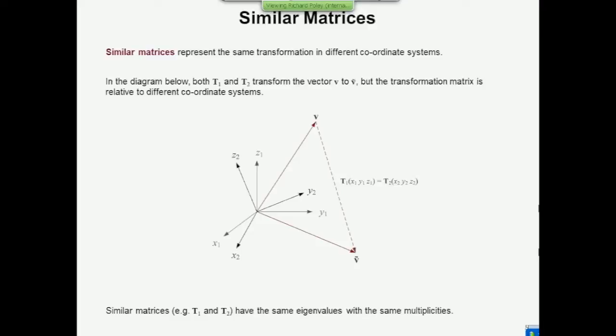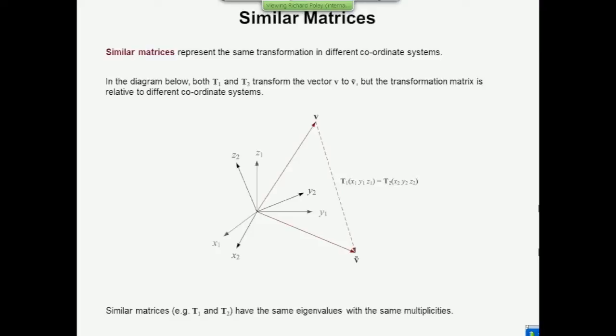Here, for example, we have a vector v, which is operated on by a matrix T1 to transform the vector to a different vector called v tilde. So v tilde is pointing in a different direction than v because it's been operated on by the matrix T1. Now T1, as well as v and v tilde, will be expressed in terms of a coordinate system that might be orthogonal.